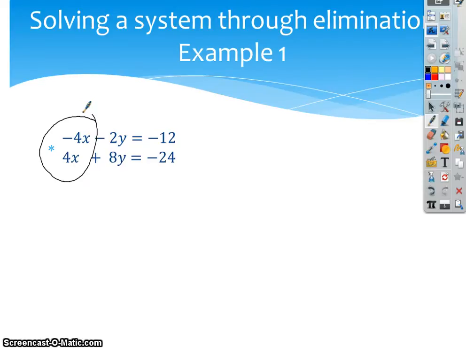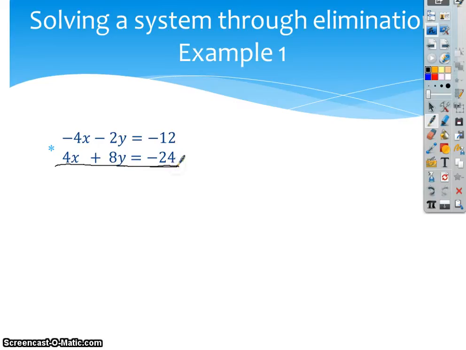Now, we can add two equations together because, as I've said multiple times, in math you can do anything you want as long as it's fair. Because this is equal to negative 24, I can add it to the top because I'm really, in theory, adding the exact same thing. And so, let's add them together.